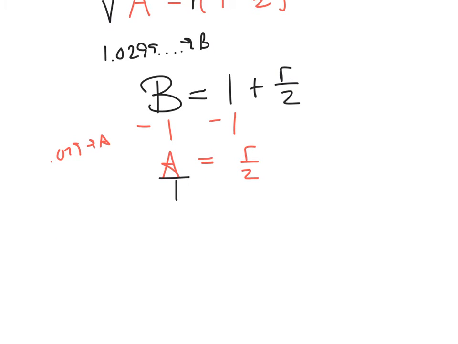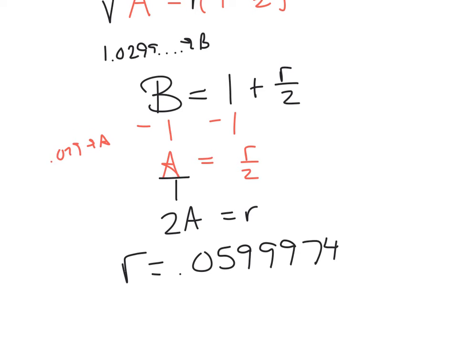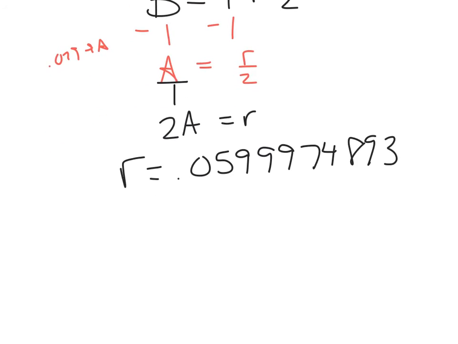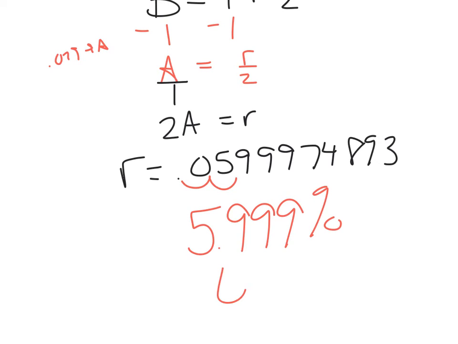I can think of it as cross-multiplying, put that over 1, and say 2 times A equals R. So I'm going to take that A value in my calculator, multiply by 2, and I'm going to get an R value of 0.05999748. Now, the question said, what rate is that? So remember, you got to move that decimal back 2 places to get the percentage rate. So it's a 5.999 percentage rate, which we can probably just say is a 6%.